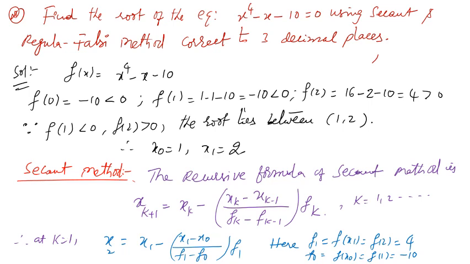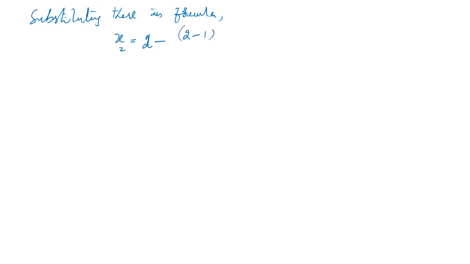Now substituting these values in the formula, x2 will be x1, which is 2, minus (2 minus 1) by (4 minus of minus 10) into 4.